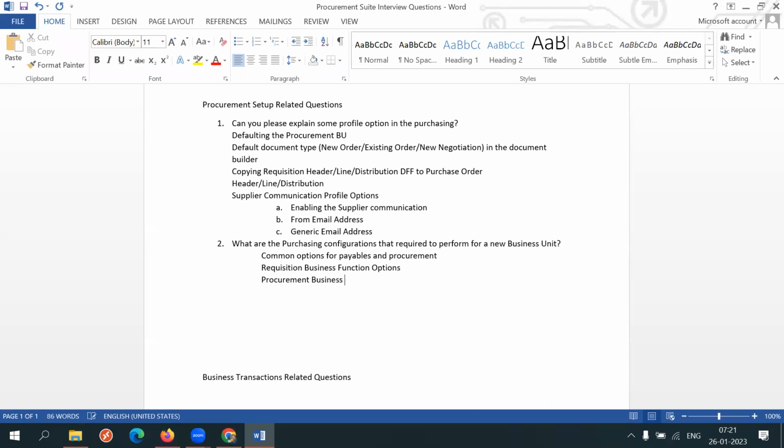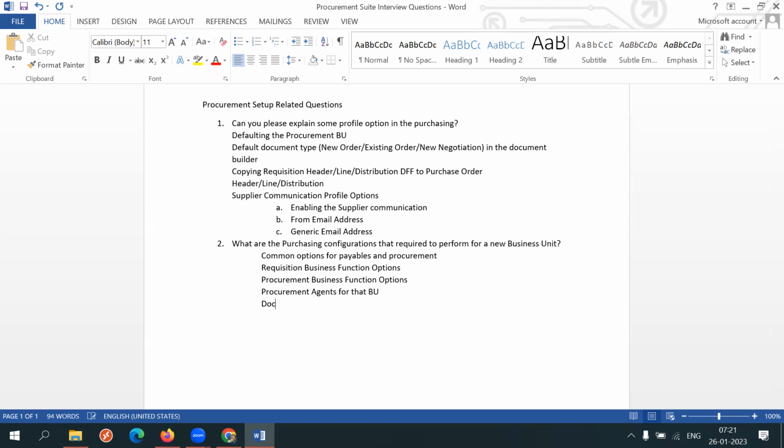Yes, and procurement agent. Because the receiving parameter is at the inventory org level, sir. Procurement agents for that BU.